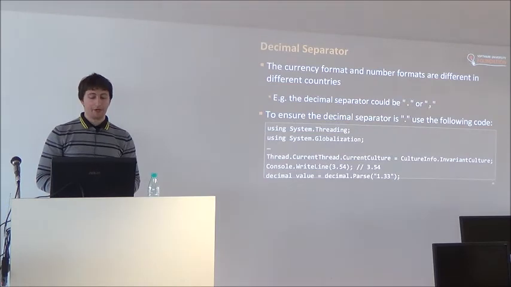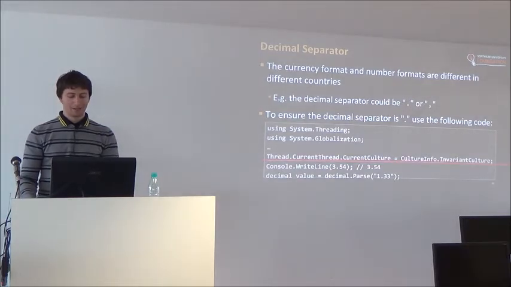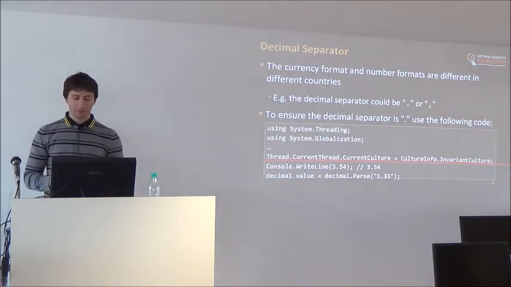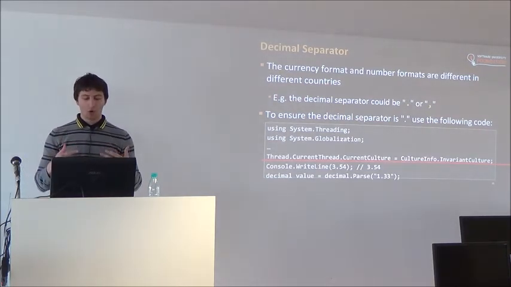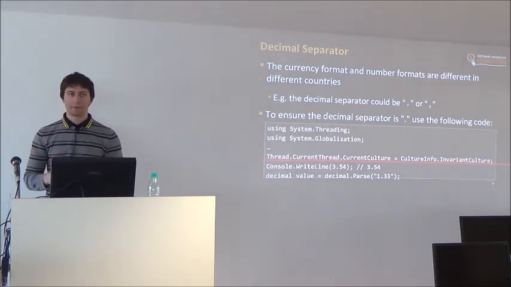This is a very important line of code, which you should probably note and use whenever you can. This sets the culture to invariant. What it means is that it will always have a dot as a decimal separator.